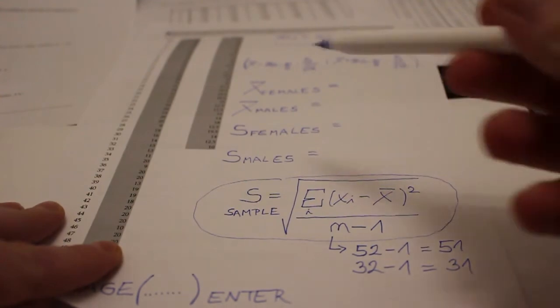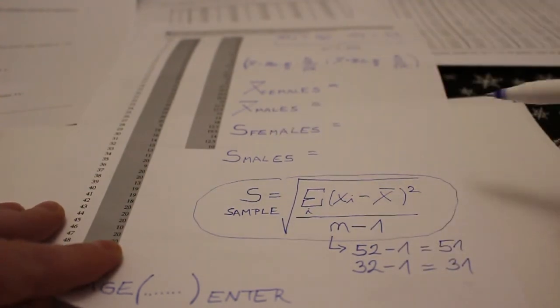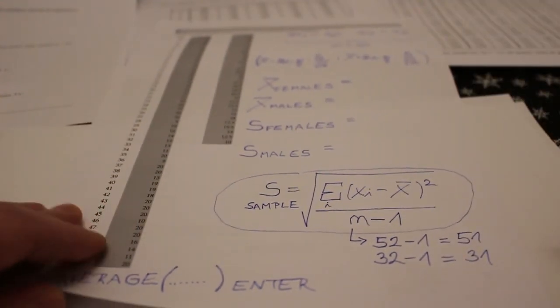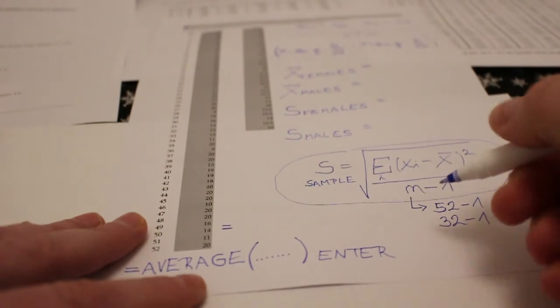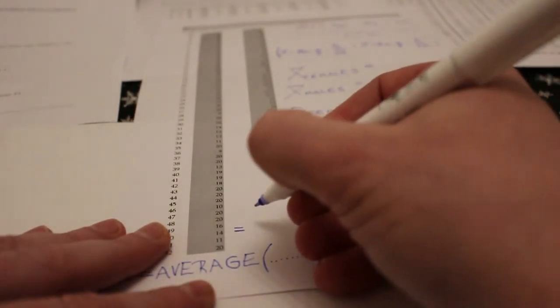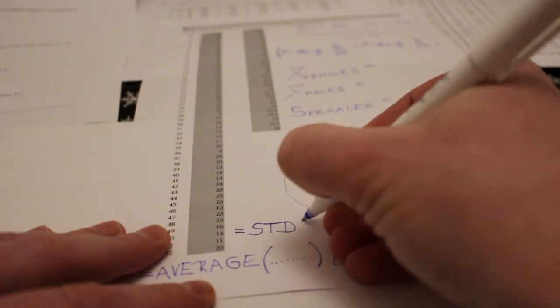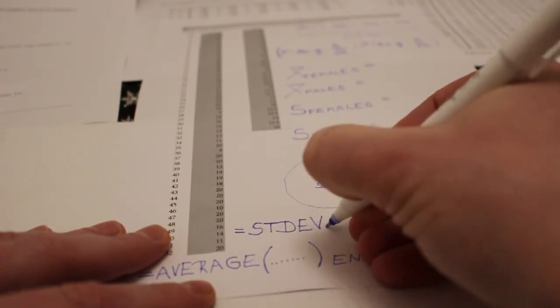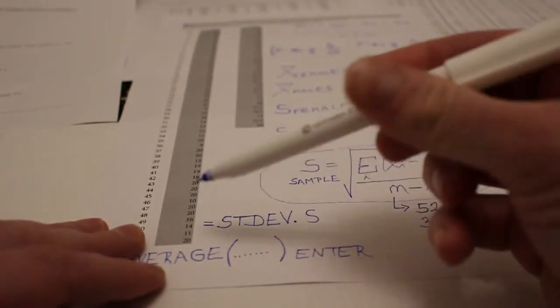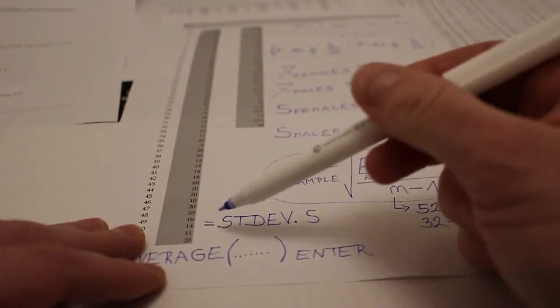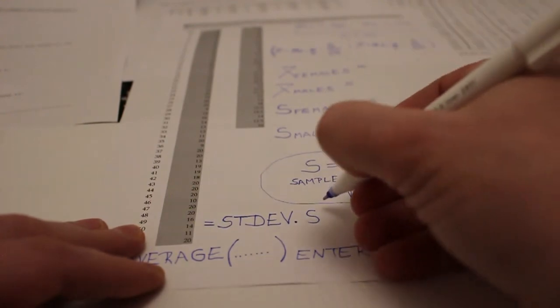Yes, you can try to solve this in Excel, or you can use a function. I hope that I remember this function very well: STDEV.S, like sample, stdev dot sample.